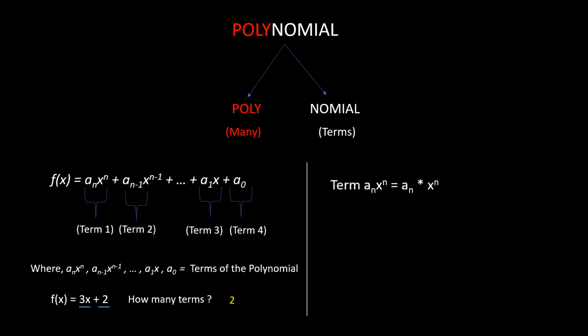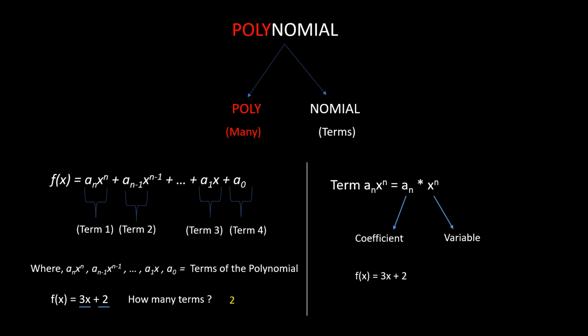Okay, so now when we concentrate on the first term, an into x raised to n, that is the product of two different terms, an and x raised to n, where an is the coefficient and x raised to n is a variable. Coefficient is just a fancy word for numbers or constants. So in the same example which we saw, f of x equals 3x plus 2, we have two terms, 3x and 2.